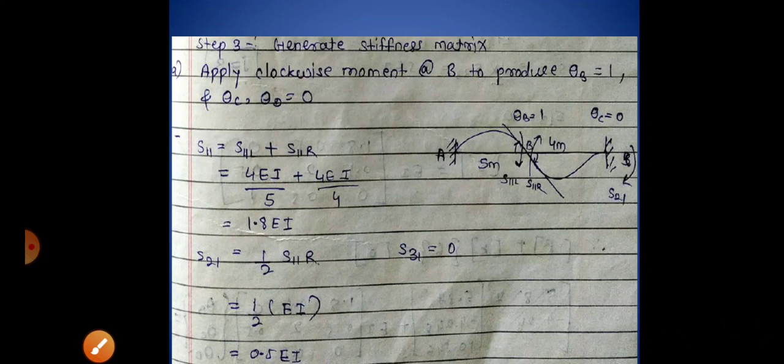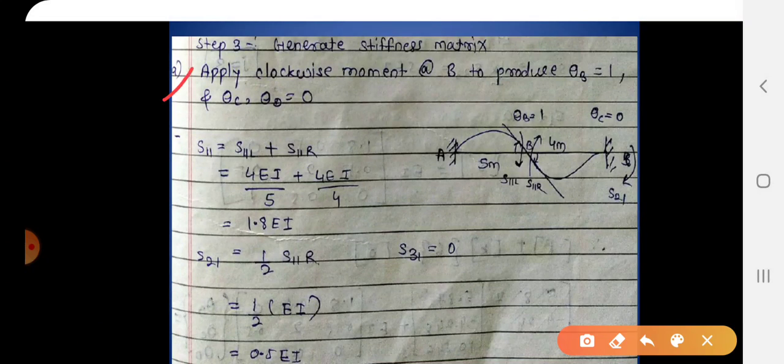Now step 3, to generate the stiffness matrix. In part A, what is the first redundant? Theta B. Therefore apply a clockwise moment at B to produce theta B equal to 1 and theta C, theta D equal to 0.